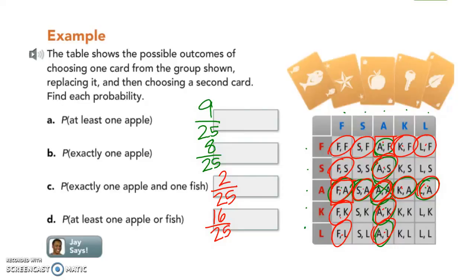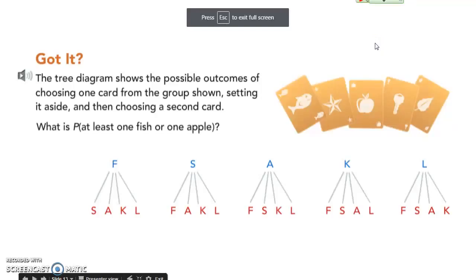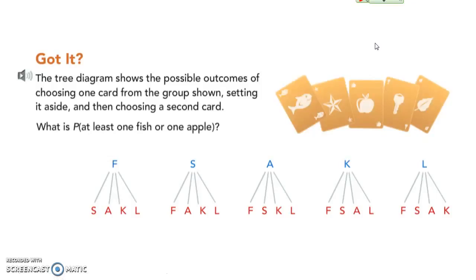Alright, I'm going to flip to a second video just so we can finish this lesson real quick. There's not much more. Alright, last bit to cover on this compound events, counting outcomes stuff. Here we have an example. The tree diagram shows the possible outcomes of choosing 1 card and then setting it aside and choosing a second card. So is this independent or dependent? This is dependent.